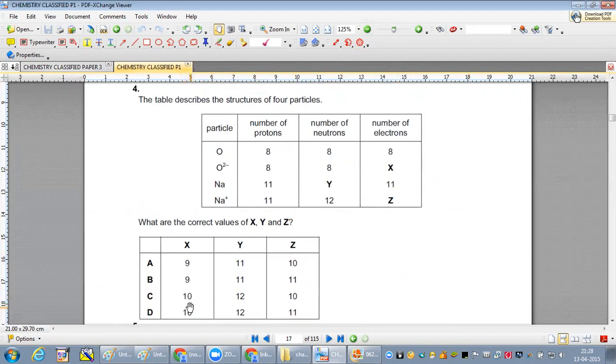Then both of these are 12 only, so either it has to be this or it has to be this. Z is going to have 10 electrons, and over here 10 electrons will be less from here because it has one electron less, because this is Na+.